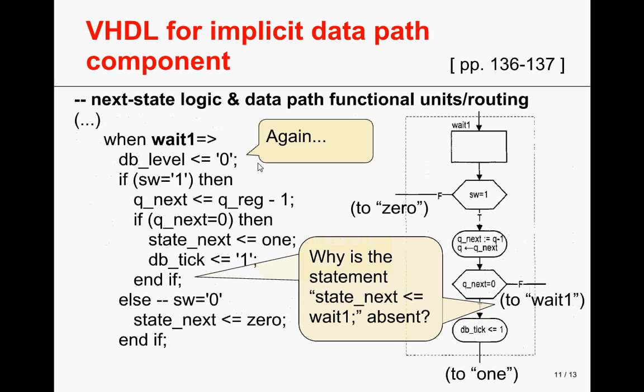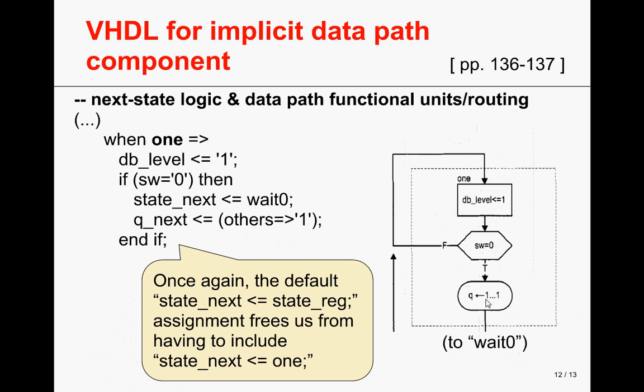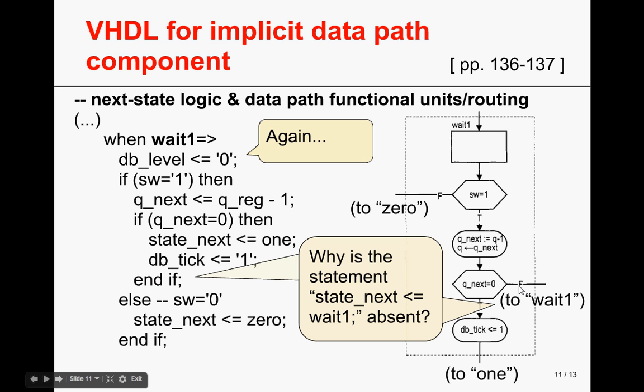And since this has been defined, then we do not need to say here that if this does not hold true, then we have to go to wait 1. Well, since in this case the next state is the current state, then this has been defined by default, and so we do not need to state that state next should take the value of wait 1.